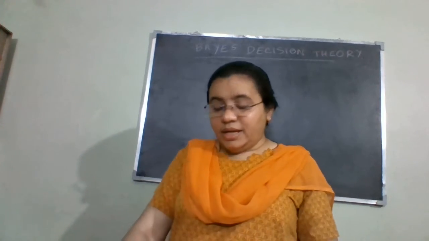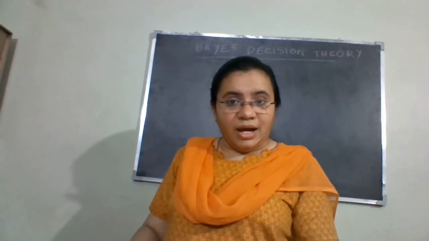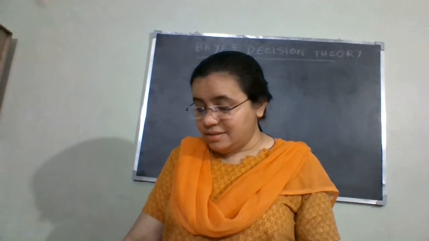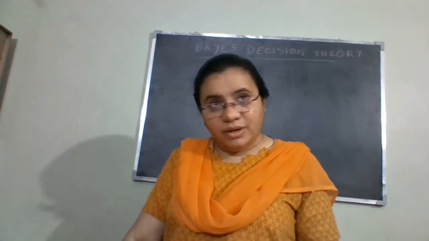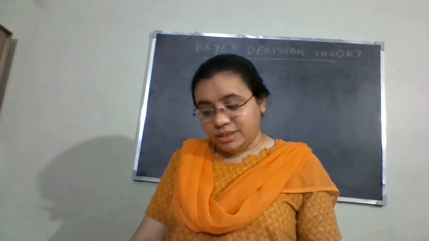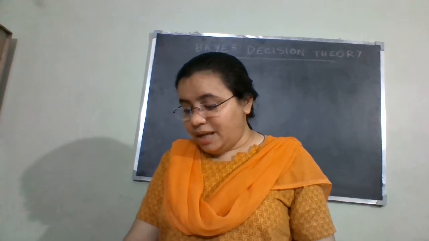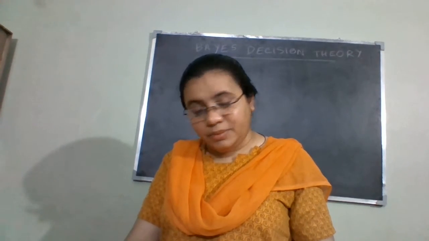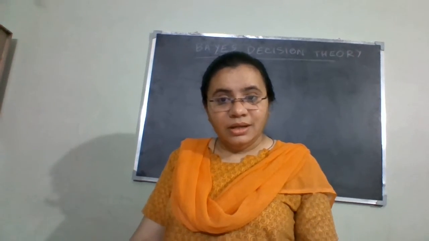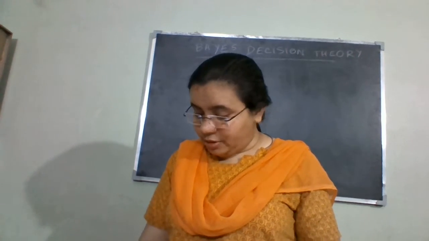In such a case the action is alpha i and we have to find the conditional risk. We made the derivation last class, that it is equal to the summation over j from 1 to c, because there are c classes. Over here it will be j from 1 to 2 because now there are two classes. So lambda alpha i slash omega j times p omega j slash x bar, the product of the individual loss function and the posterior probability.